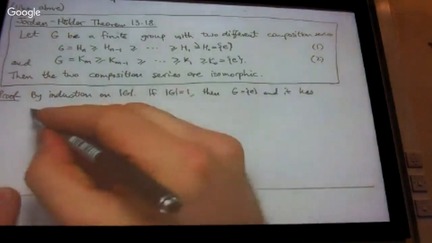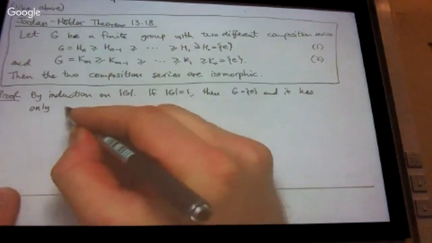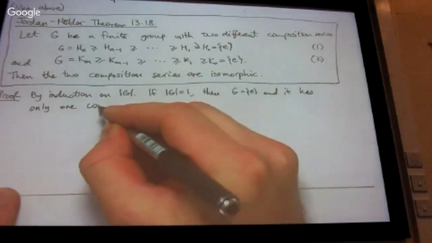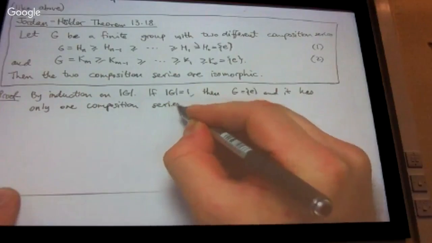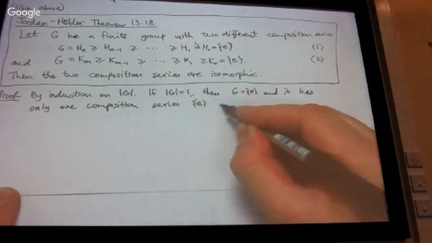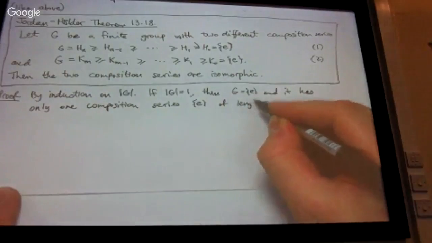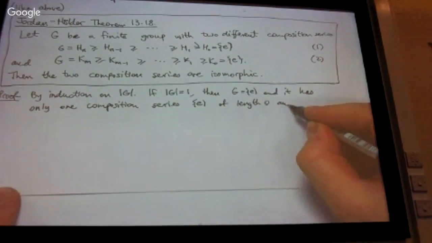Well, then it has only one composition series, of length 0 and no composition factors.